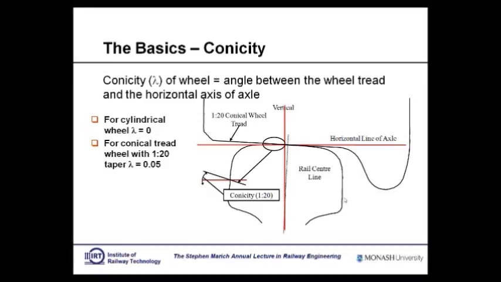If you have a cylindrical wheel, the conicity is 0. If you have a 1 in 20 conical tread, the conicity is 1 in 20 or 0.05. That's not good enough really, because it only applies to one rail.